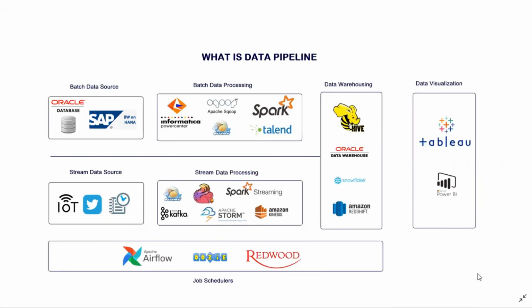Coming to streaming, it is very similar to data processing, but the thing is, it runs continuously. The tools we generally use here will continuously run. What may be stream data?